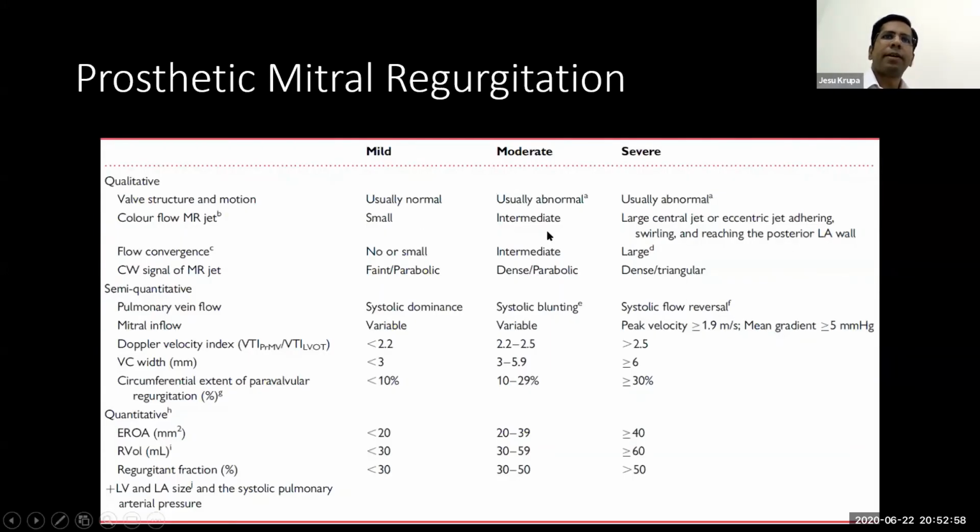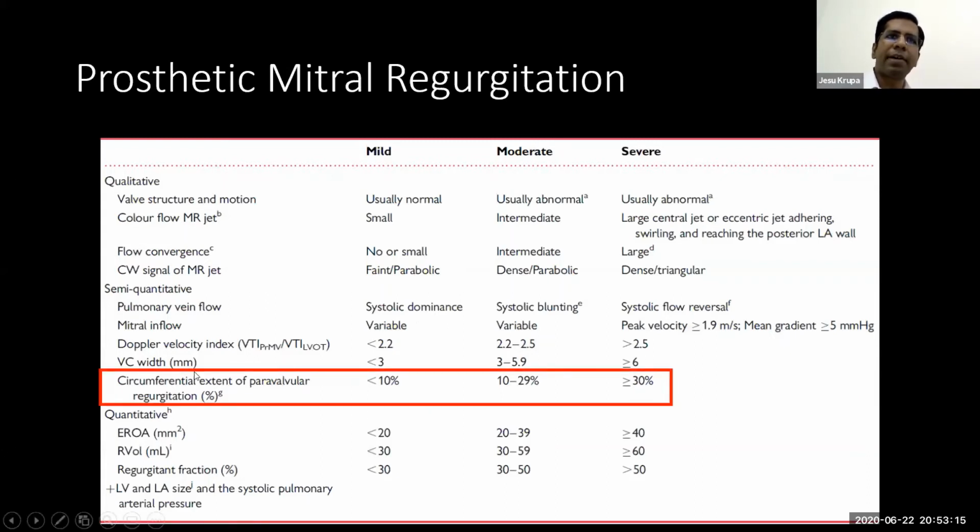Now, when you have a prosthetic mitral valve regurgitation, this is again not to bore you or intimidate you, because this is all well known to most of us who are assessing regurgitations. But specifically for paravalvular leak, prosthetic valves, almost everything is similar to native valves, except for this circumferential extent of paravalvular regurgitation.